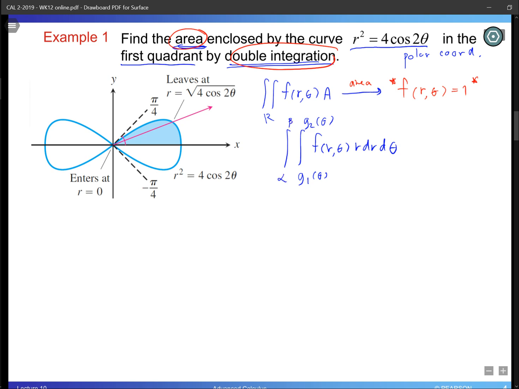Now our job is to find what these are: the function in terms of r and theta, inner function in terms of theta, outer function in terms of theta, alpha and beta. We are supposed to find all these 5 terms. So let's make a note here. This is the inner function and this is the outer function.